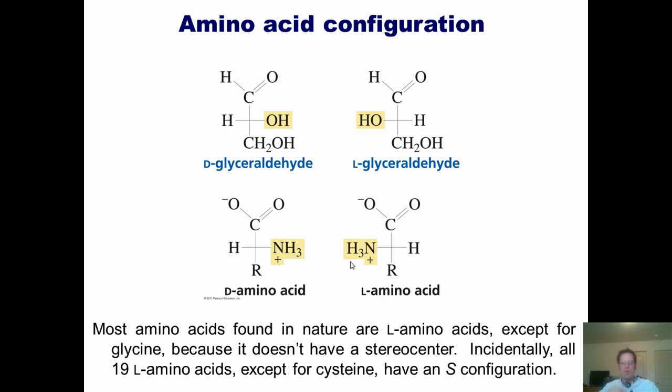And just in case any of you appear in a trivia show later in life, you might want to know that all of the 19 L-amino acids that have stereocenters, glycine does not have a stereocenter, so it's not included, but those that do have stereocenters happen to have an S configuration, except for cysteine, which has an R configuration. If any of you guys want to know why, you can ask me in class.